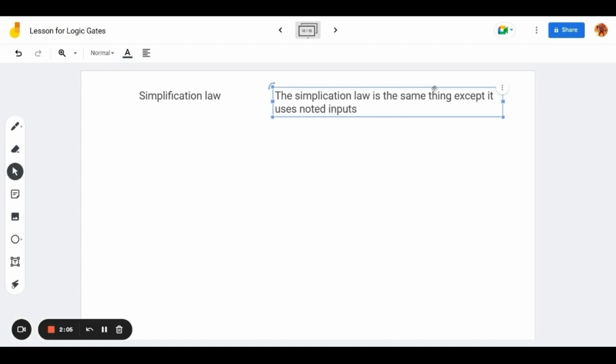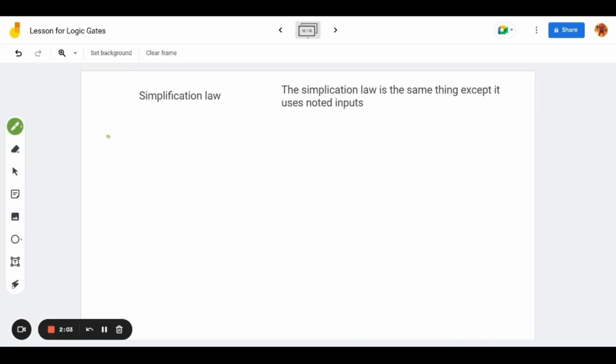Let me show you. So it's in the same format. A plus AB. The simplification law is very similar. It's the same thing except it uses knotted inputs.